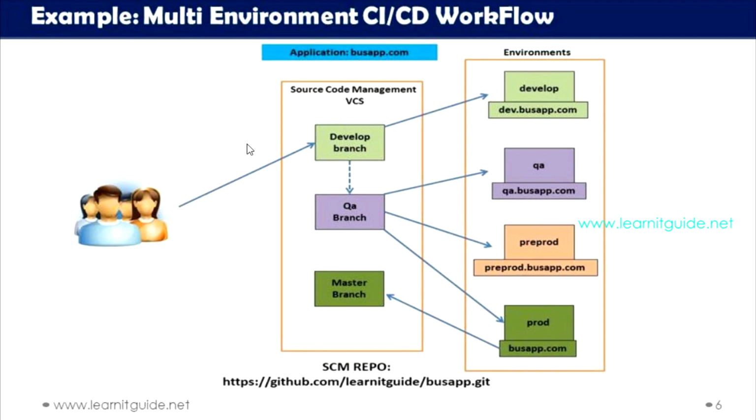And once the testing is completed on the pre-prod environment, the code from the QA branch will be deployed to the production environment. If all is good in production, that release code is considered a stable version and will be deployed to the master branch. This is a simple multi-environment CI/CD workflow.